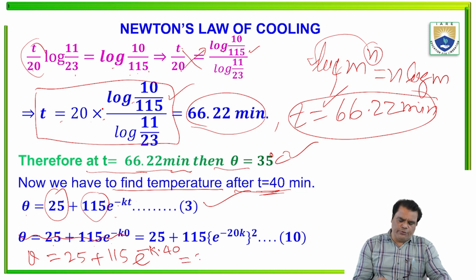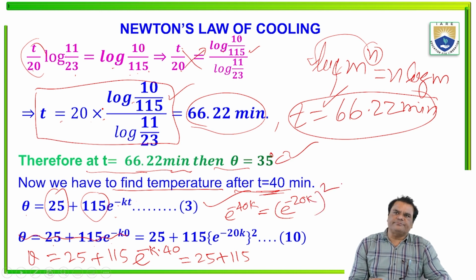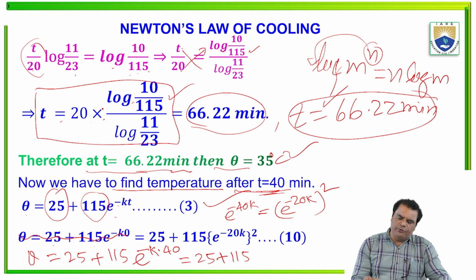And this equals 25 plus 115 e to the power minus 40k. We can write this as e to the power minus 20k, whole square. Multiplying the powers, 2 times 20k gives 40k. Powers of power we multiply.